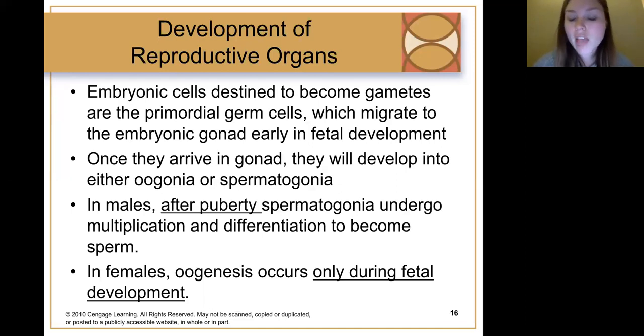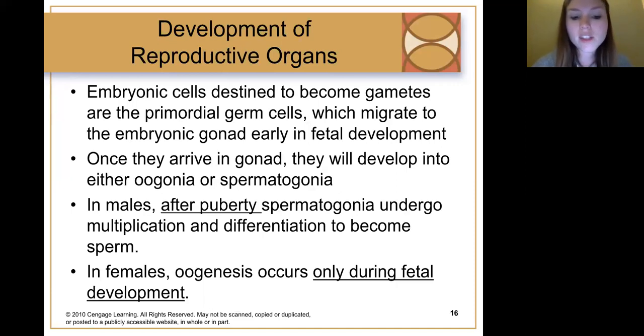So in males, after puberty, those spermatogonia, which are going to become sperm, will undergo multiplication and differentiation to become the sperm. They've already differentiated a little bit at the stage of arriving in the gonad, but then in the actual female and male, they're going to differentiate further to become the actual spermatozoa and the egg.